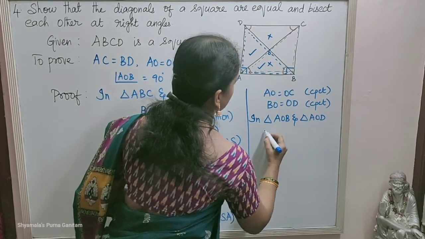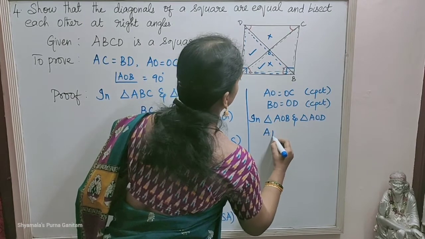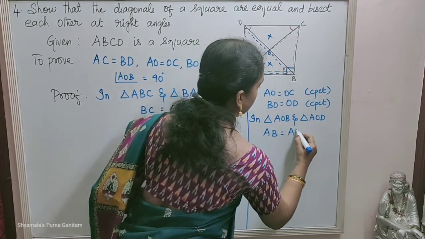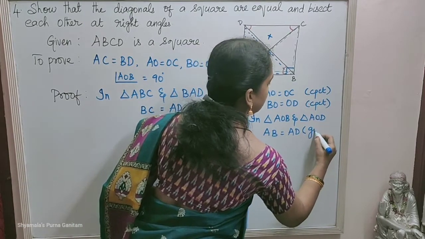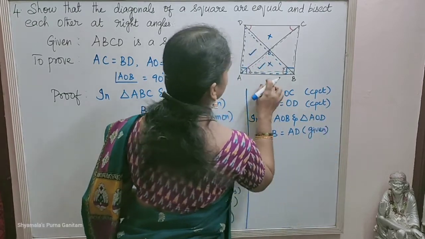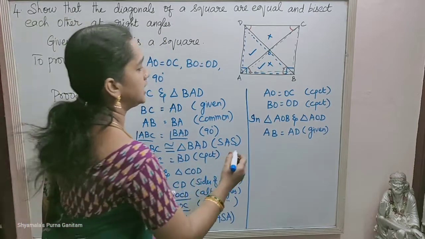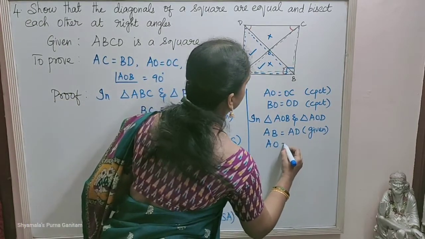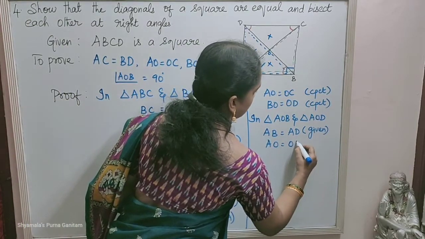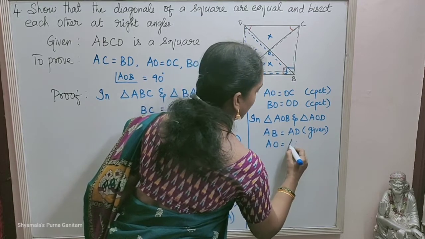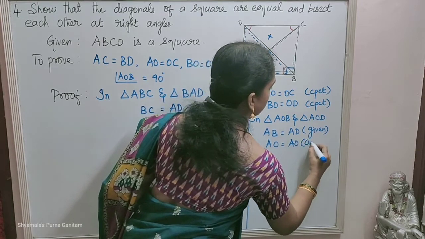We can say that AB is equal to AD, since it is given that it is a square, so sides are equal. Then AO is equal to AO, so that is common.